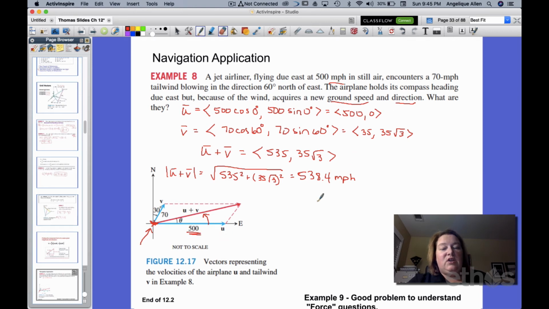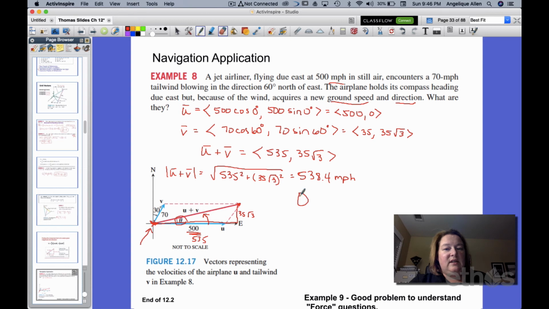But then we want to know the direction. So how do you think we're going to find this angle right here? Any particular things come to mind? Well, what we just found here is the horizontal component and the vertical component. The horizontal was 535, and the vertical was 35 root 3.